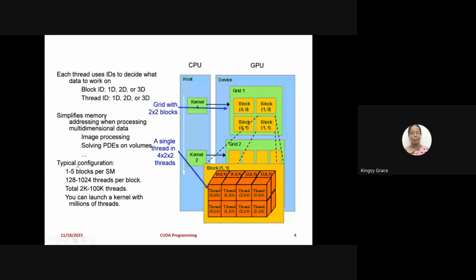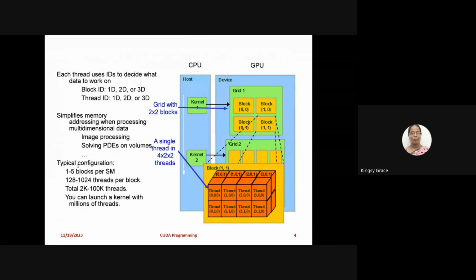Okay, normally typical configuration is, per SM it is having 1 to 5 blocks. The streaming multiprocessor, one SM consists of 1 to 5 blocks.